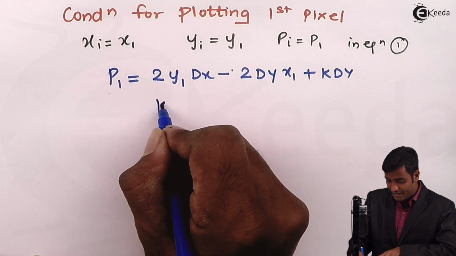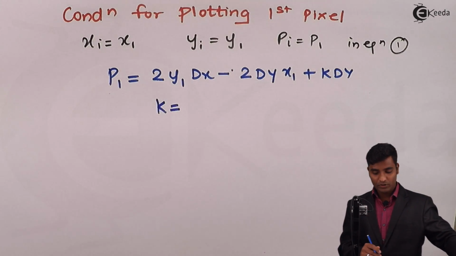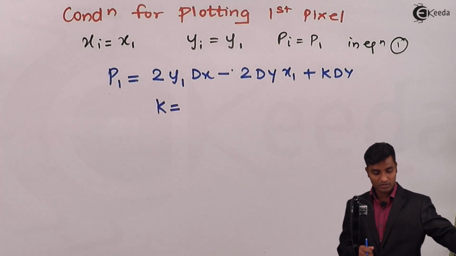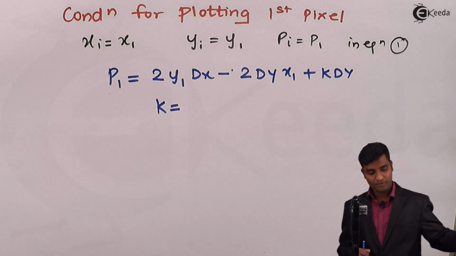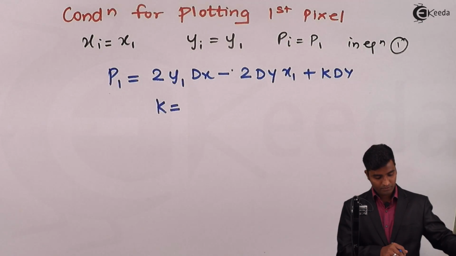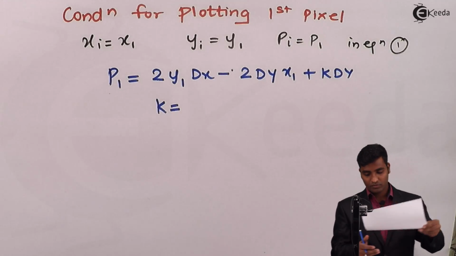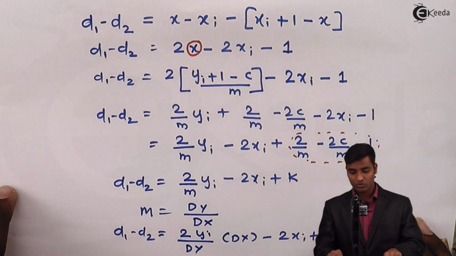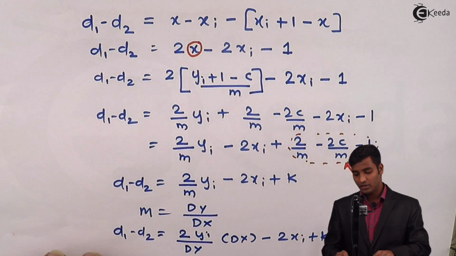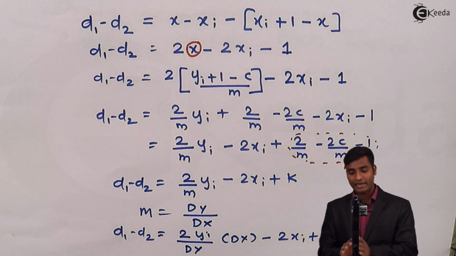But we know the value of k, which we used earlier to avoid the term c. k was 2 by m minus 2c by m minus 1. So earlier we replaced this whole term by k.